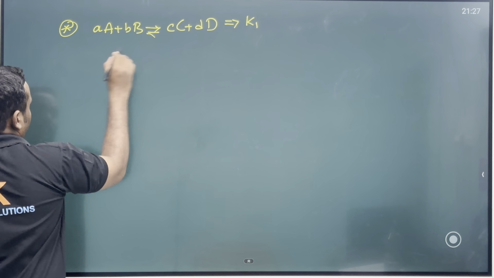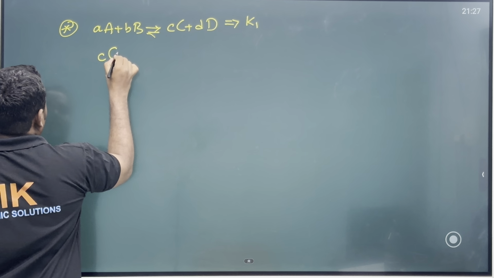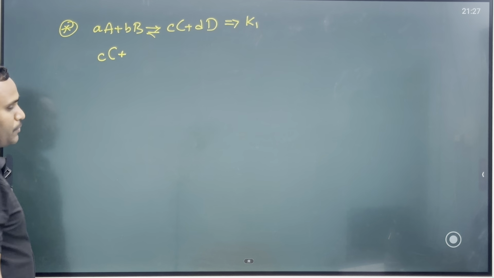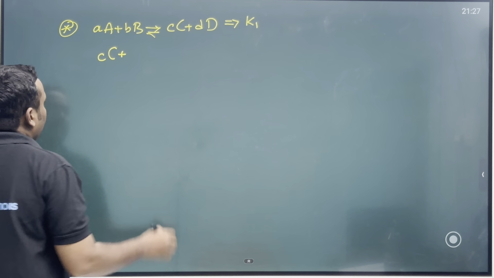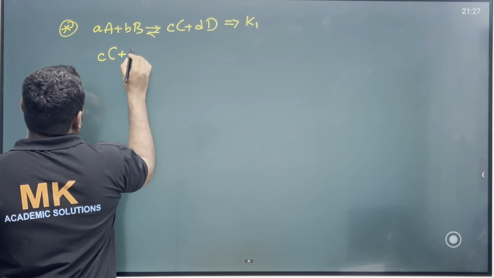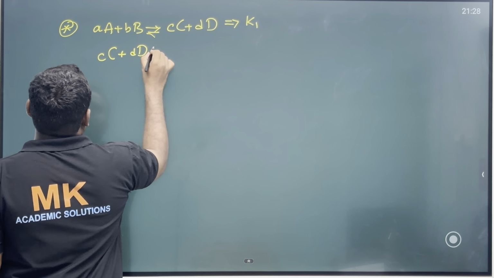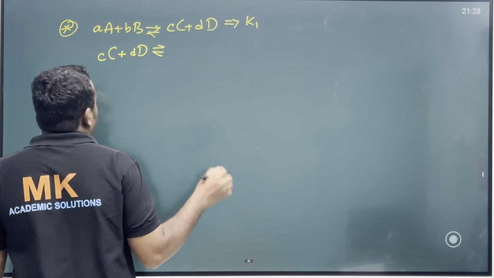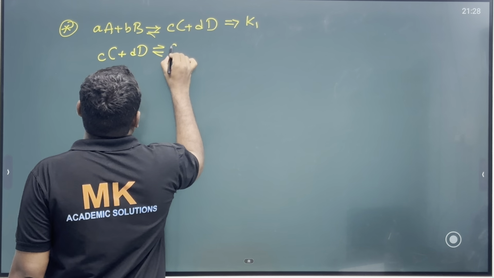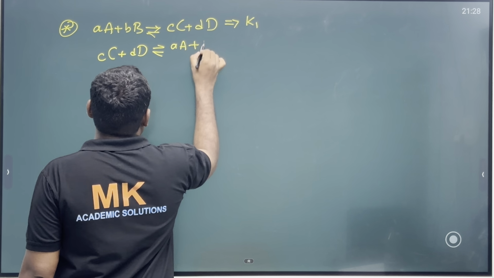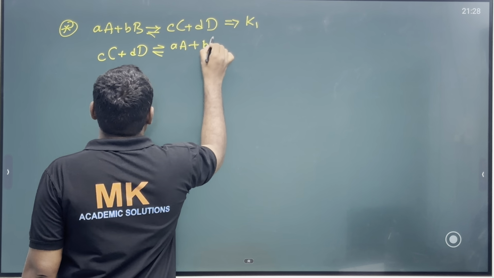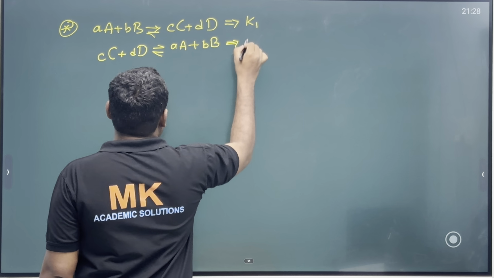Now the same reaction, where the products I am making the reactants: c moles of C plus d moles of D gives rise to a moles of A plus b moles of B. Here it is K2.